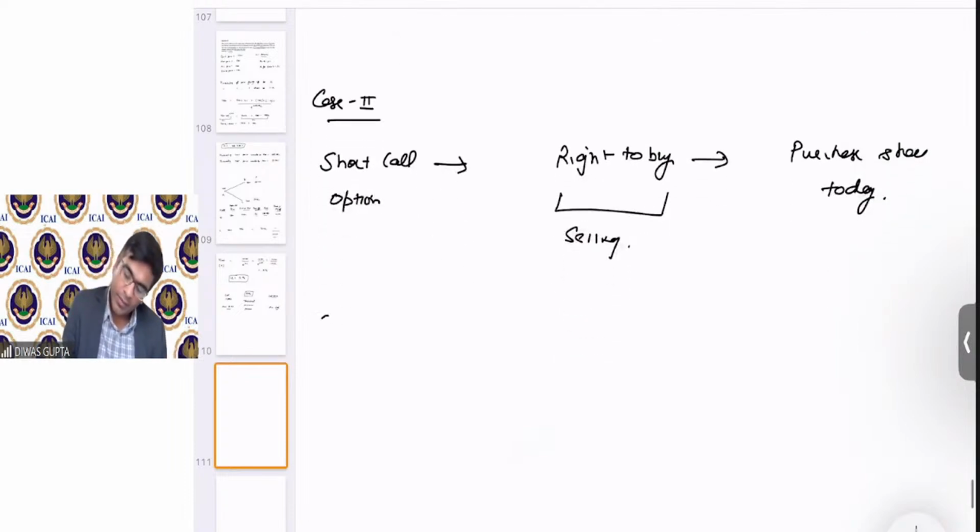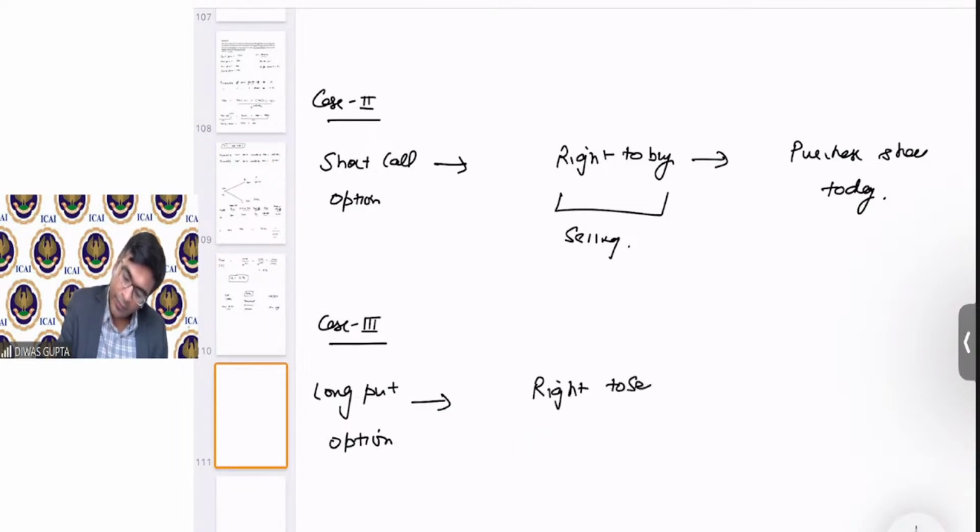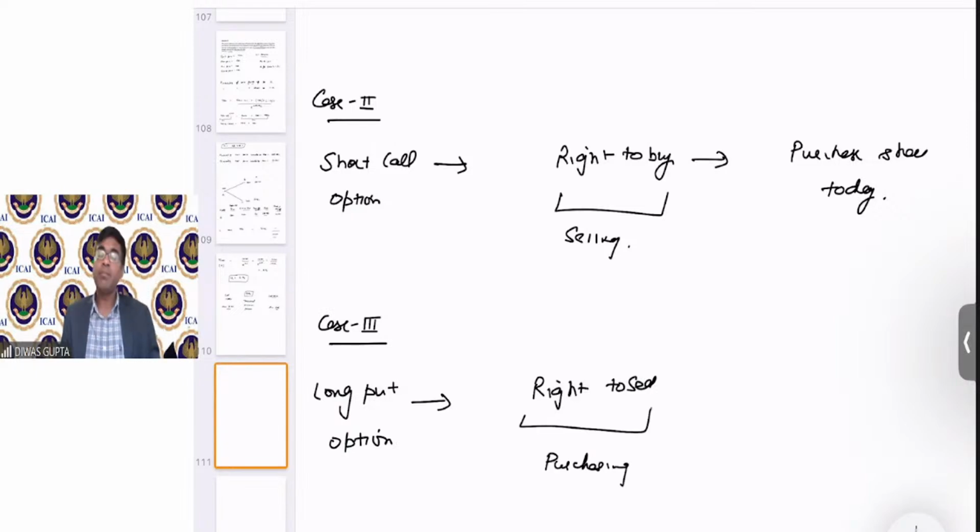Case 3, students. Long put option, right to sell. So by longing a put option, I'm purchasing the right to sell.